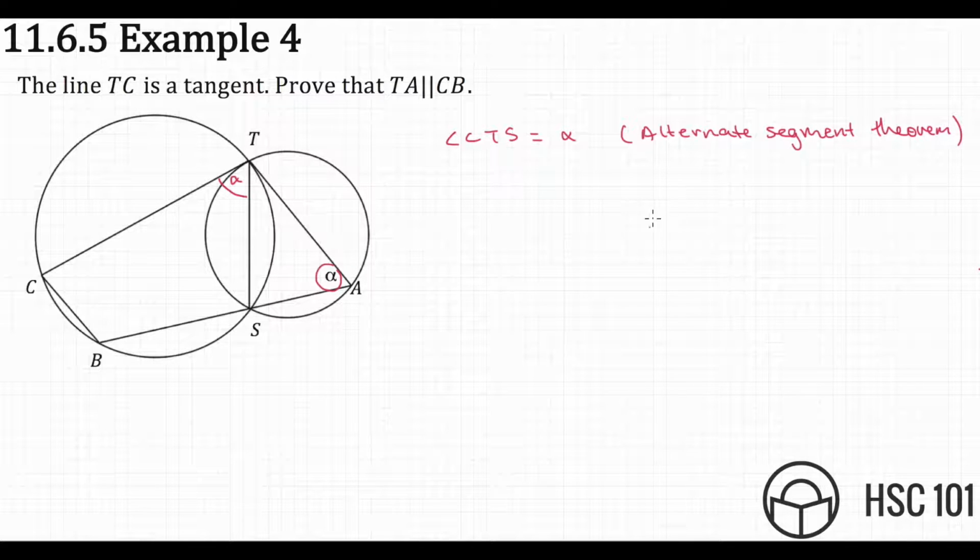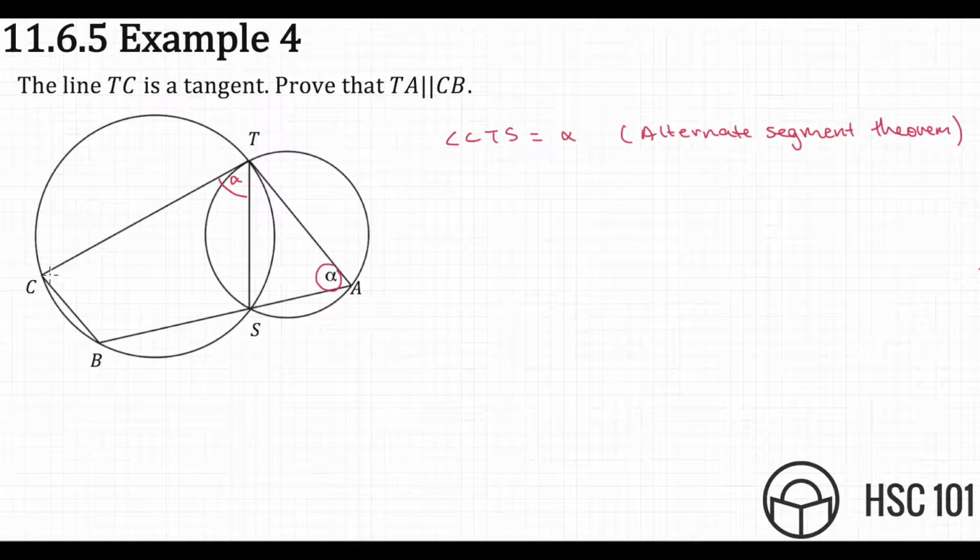So with this, if I know that angle CTS is alpha, and I now consider the circle on the left, we've got a cyclic quadrilateral CTSB. We should know that opposite angles of a cyclic quad are supplementary.